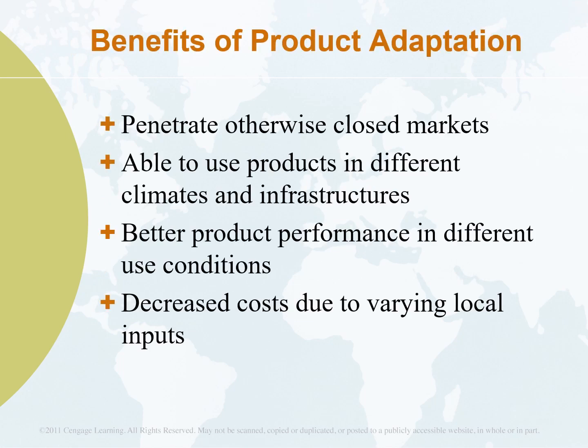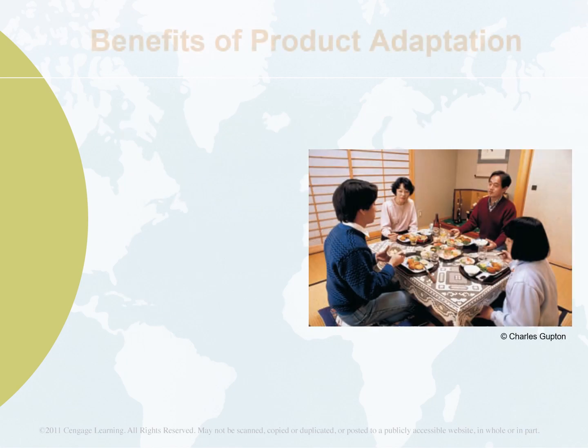Benefits of product adaptation: you can penetrate otherwise closed markets. You're able to use the product in different climates and infrastructures. You can better improve product performance in different use conditions. Decreased cost due to varying local inputs, as we said.